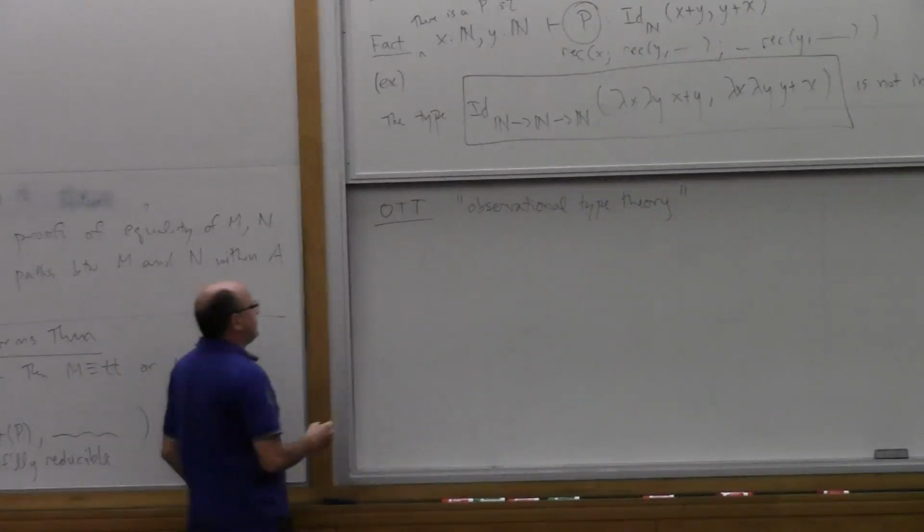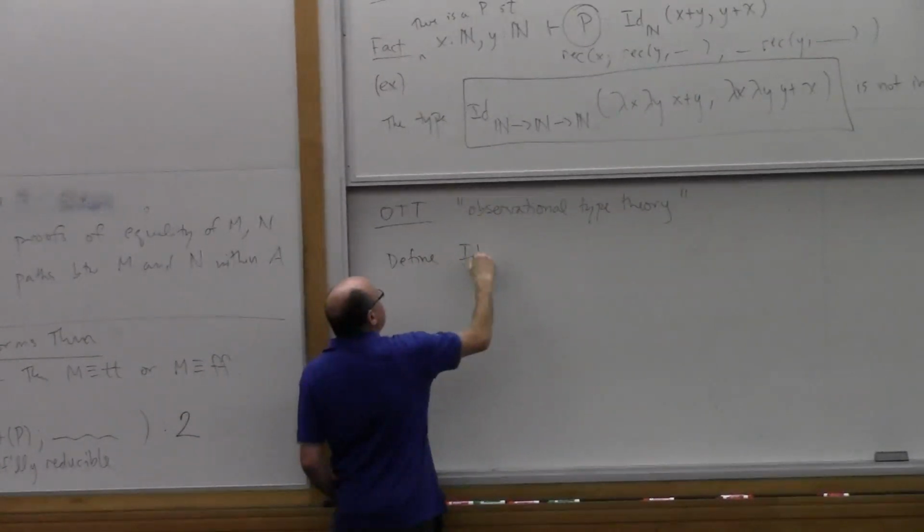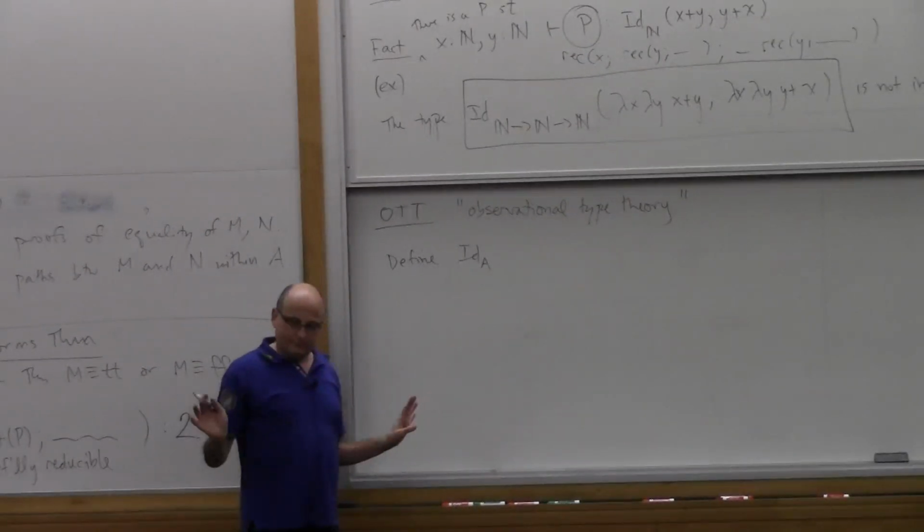And the idea is this: you define ID of A. So you now get rid of everything I've said about identity and start over. Okay?